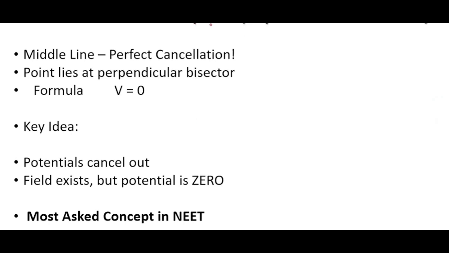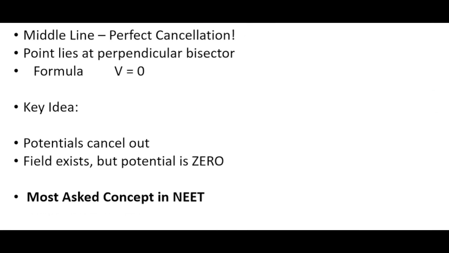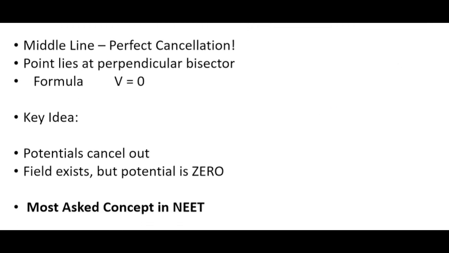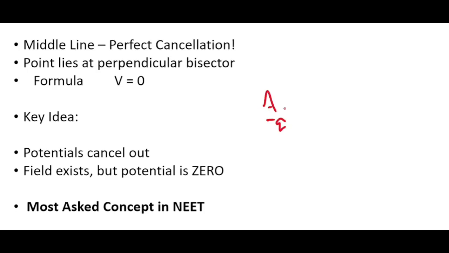Now, potential due to dipole at the equatorial position. Equatorial position means the point is kept somewhere over here. This is minus Q at point A and plus Q at point B, separated by a distance 2A.